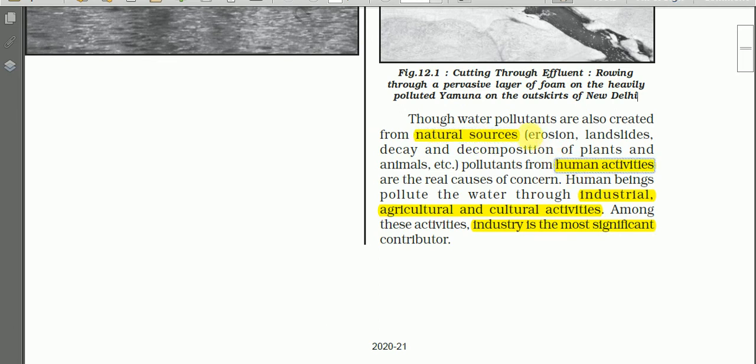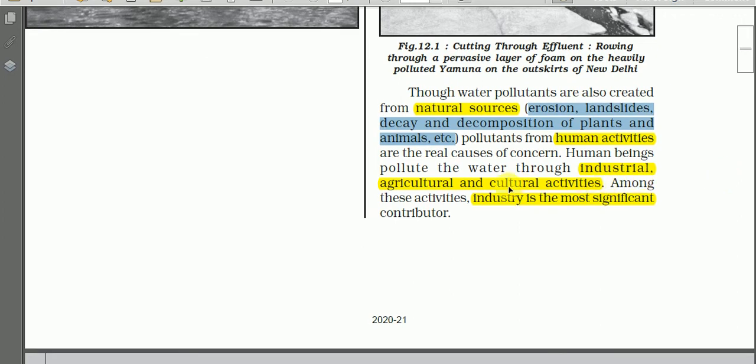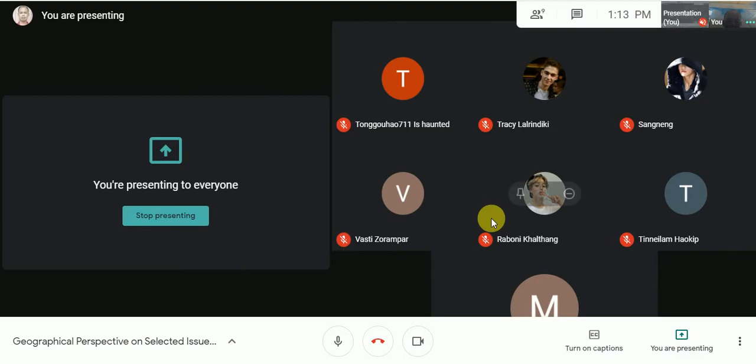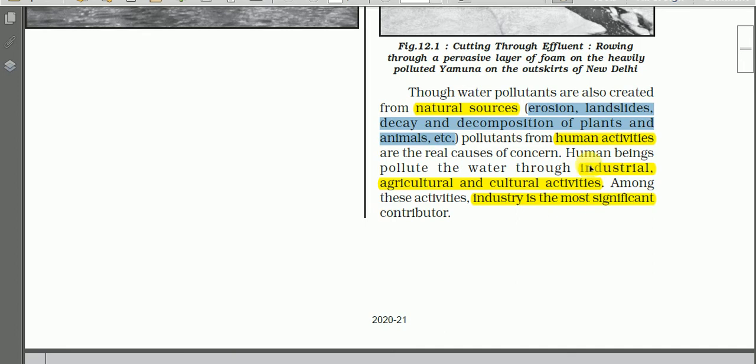Natural sources include the substances derived from erosion, landslide, and decay and decomposition of plants and animals. And human beings pollute water through industrial, agricultural, and cultural activities.